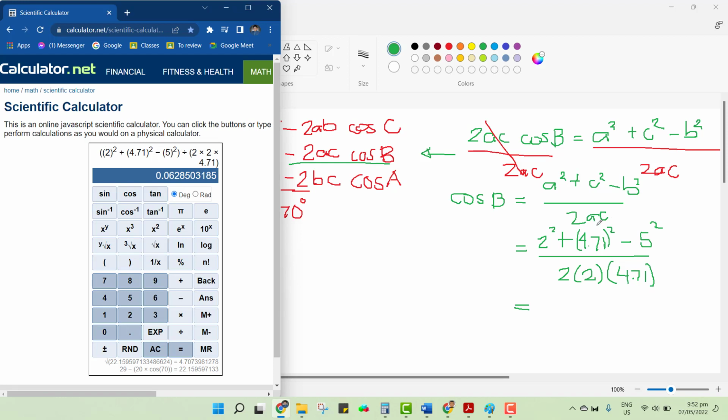Look at this one: 2 squared plus 4.71 squared minus 5 squared in parentheses, to make sure they are as one, divided by another expression as one, 2 times 2 times 4.71, equal to this value here. Let me just write this down as given.